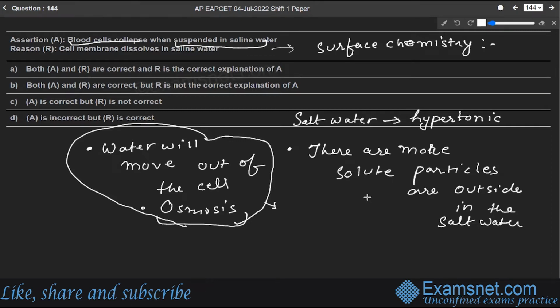That's a hypothetical case, although. But can you imagine, if you decrease the water, the cell will shrivel. So in this particular case, due to osmosis, the cell would shrivel. So that particular case is happening due to osmosis, but they have given the reason as the cell membrane dissolving in saline water.